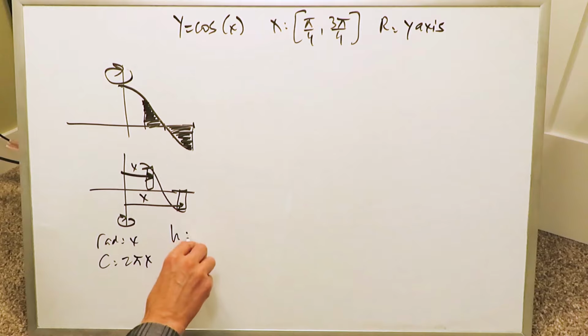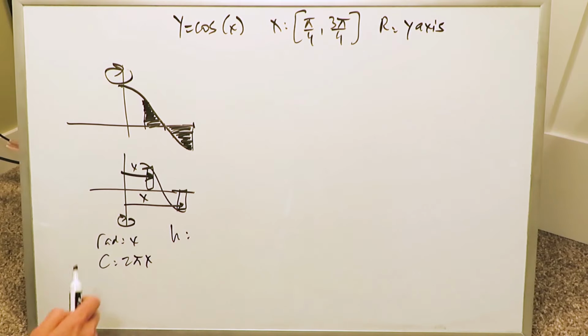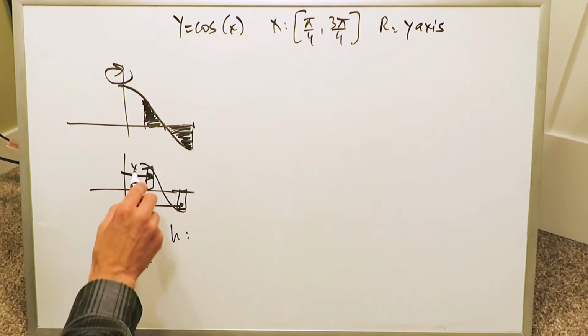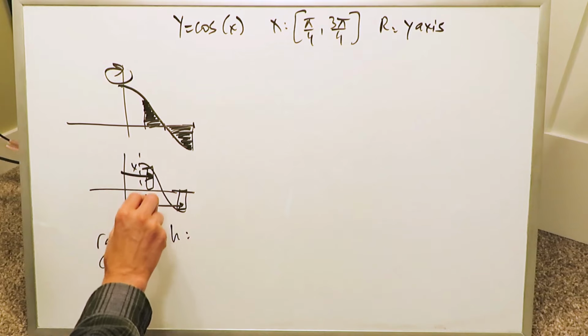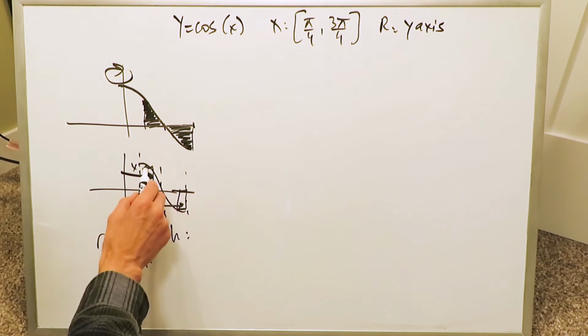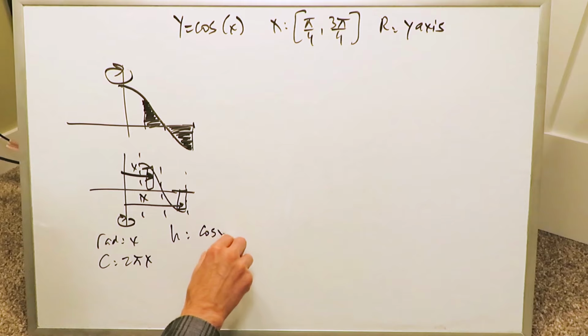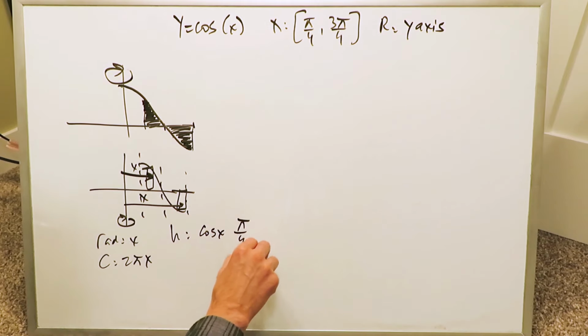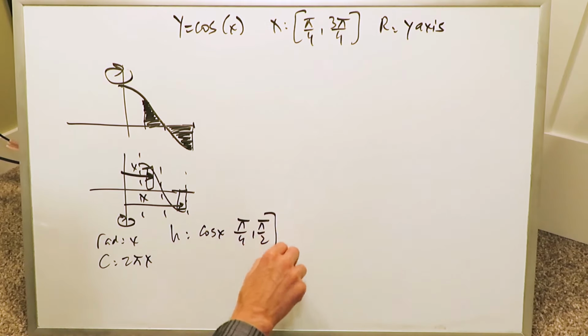But the height here is a problem because your height differs based on what part of the interval you are in. From pi over 4 up to pi over 2, you have a different value for your height, and from pi over 2 to 3 pi over 4, you have a different value. So your height here is cosine x when you're looking from pi over 4 to pi over 2.